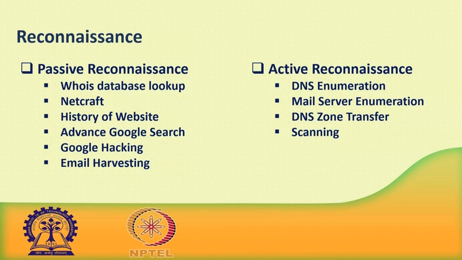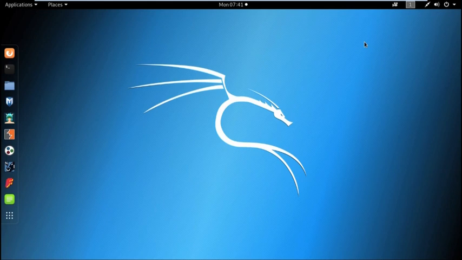In active information gathering, we gather information about the domain name system, open ports, services, operating system, etc. DNS enumeration: information such as IP address, server name, and often even server functionality can be discovered by DNS enumeration. We can interact with the DNS server using DNS clients such as host, dig, and nslookup tools.